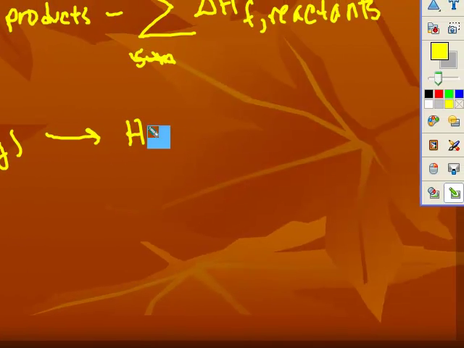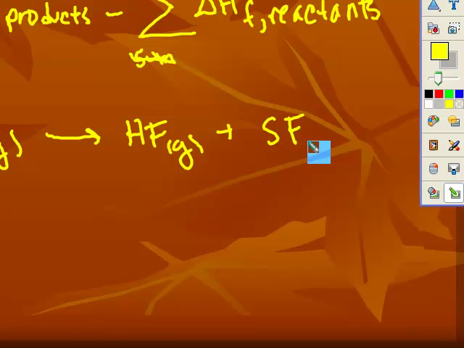So let's take an equation like this. I've got H2S gas plus fluorine gas, and that's going to make hydrofluoric acid in the gaseous form and sulfur hexafluoride in the gaseous form. And I would like to know delta H of this reaction.